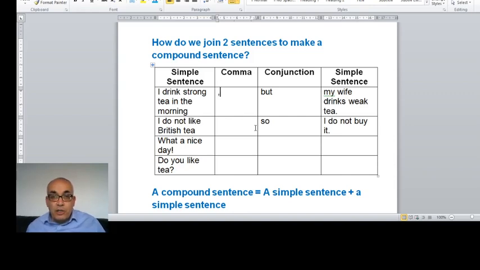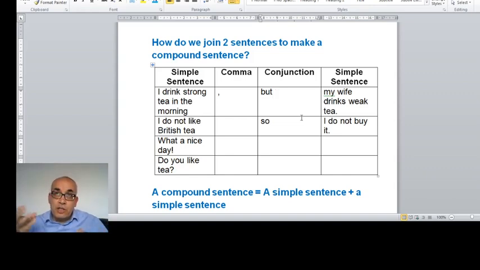But how do I join them? I use a conjunction. I use a conjunction in the middle to join two sentences. We have one sentence, comma, conjunction, and then another sentence.